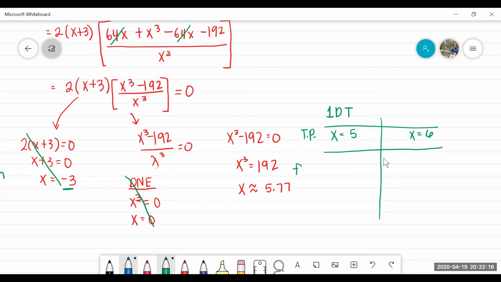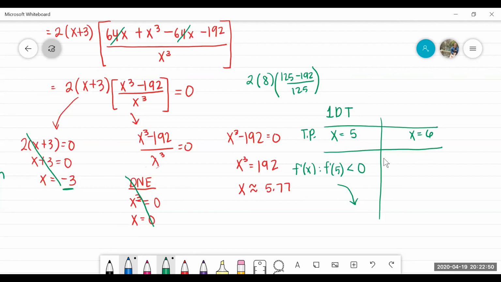So if we take f prime of each of those values, f prime of 5, again, I'm looking up here at this as a fraction, right? So that would be 2 times 8, right? And then this would be 125 minus 192 over 125. And I'm interested in signs alone, which means that this is negative, which means we are decreasing, right?